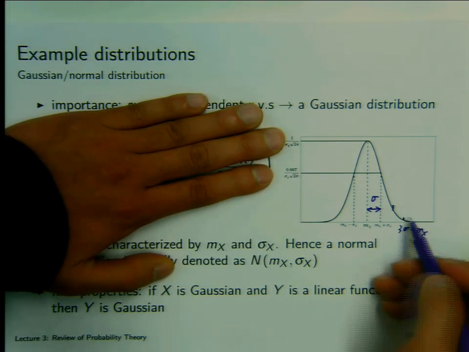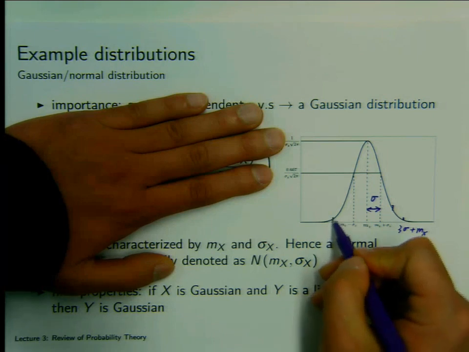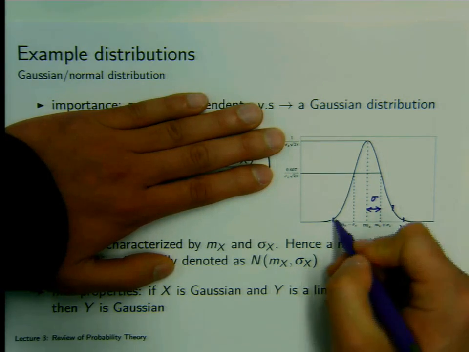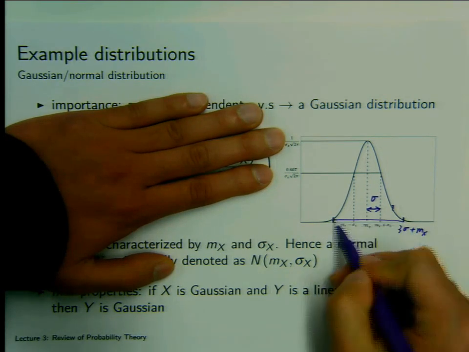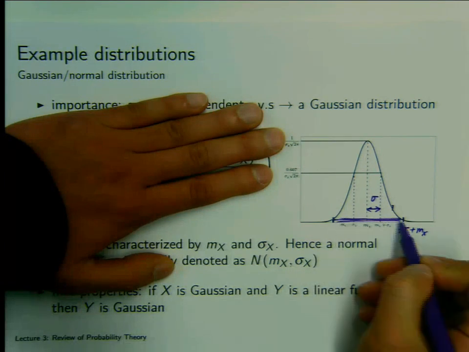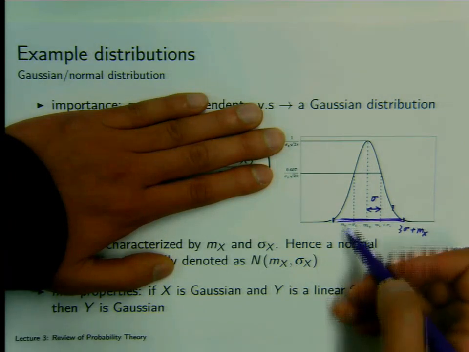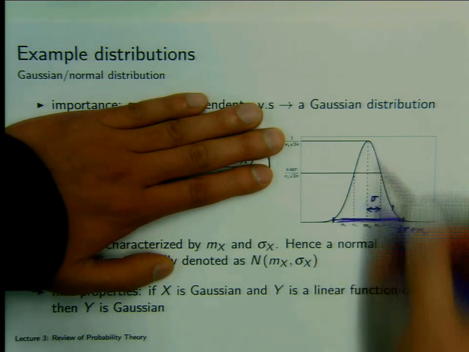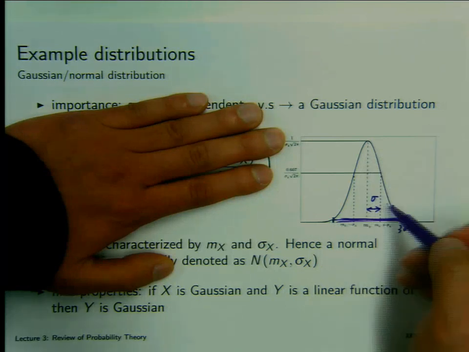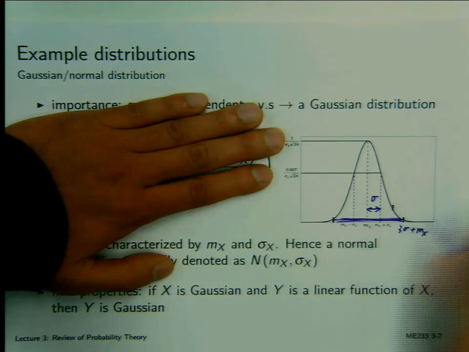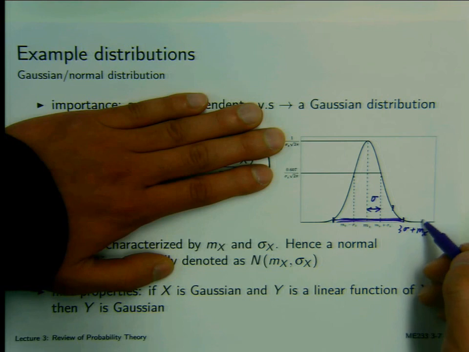So you see, for the range covered in these 3 sigma regions, the majority of the values happen here. So it's very likely the random variable is going to fall into this region. Sometimes people even use 6 sigma values, which is even far, far away from here.